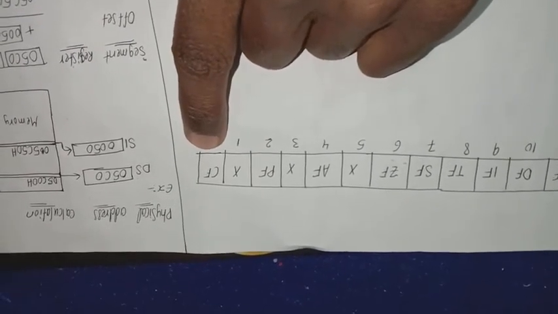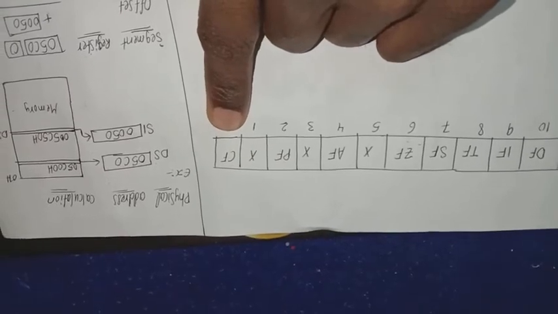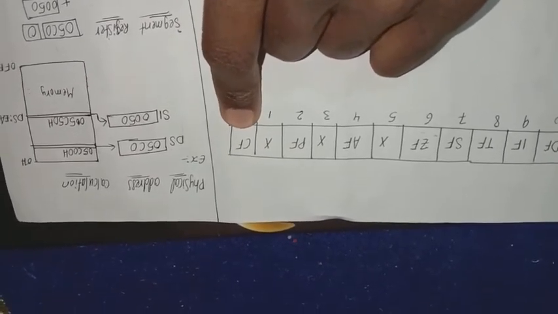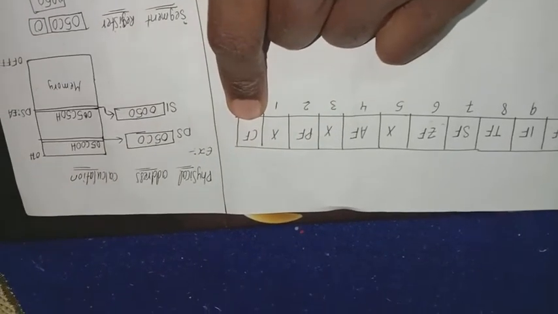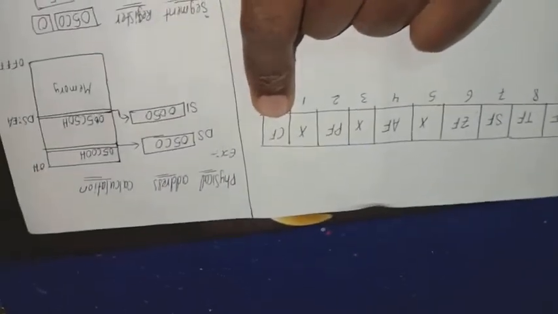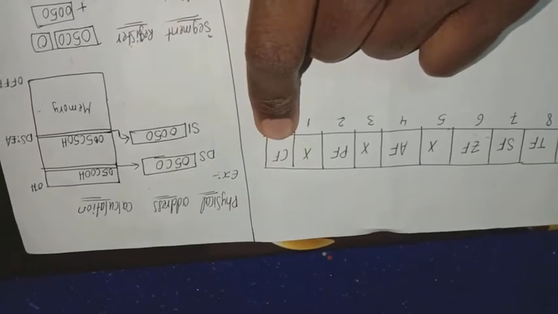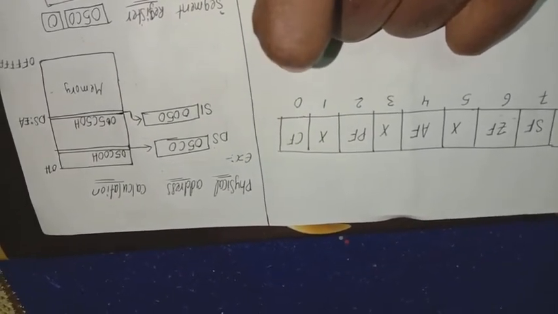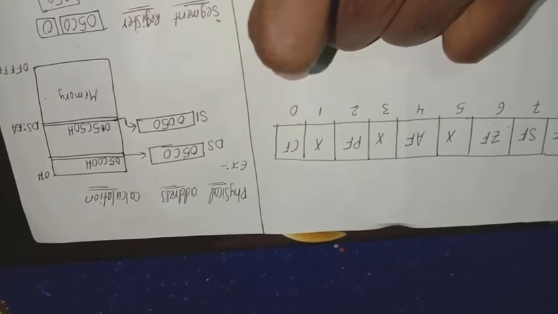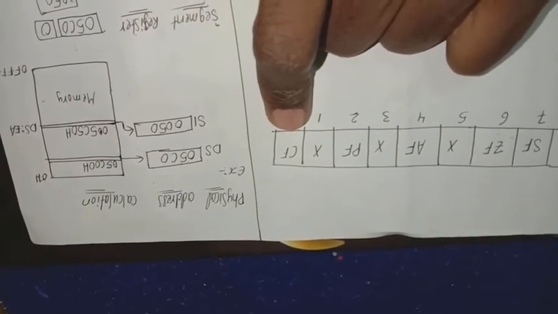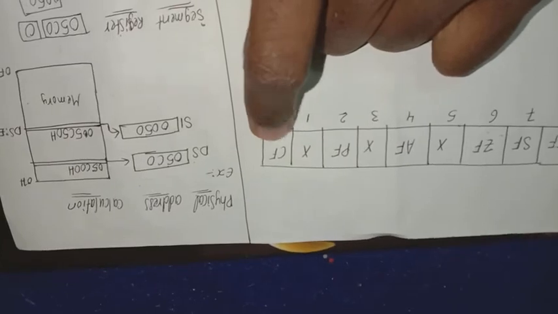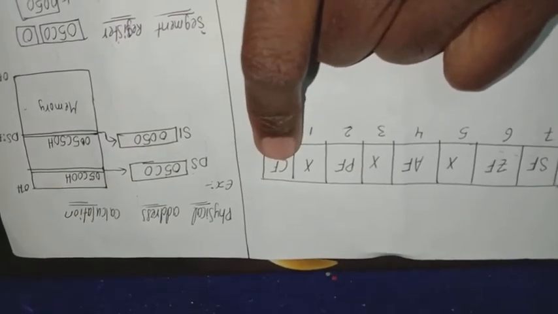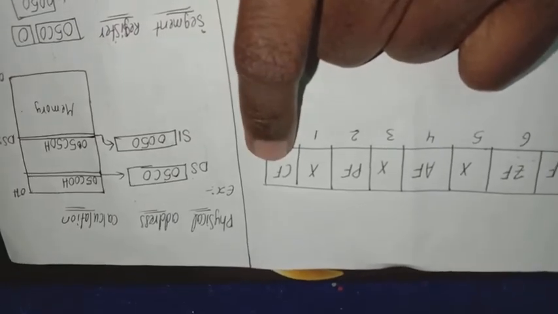And CF is the carry flag. If there is any carry, then this flag is set to high. If we do any addition or subtraction, in additions sometimes we get a carry beyond 16 bits, then it sets the flag, that is, it stores 1.